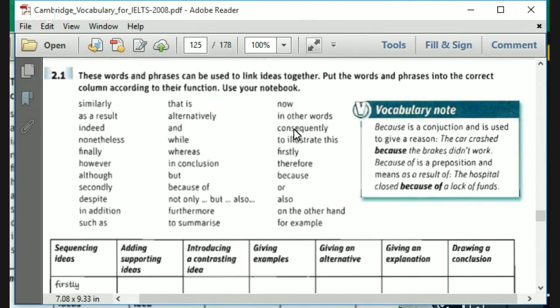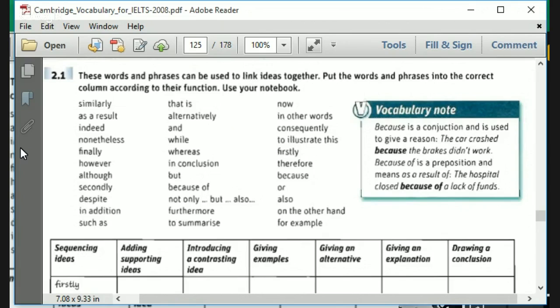You would see consequently. You would see many of these at the beginning of a sentence, or to organize our points. Firstly, secondly, finally. We use these to organize or to signal the idea. Here's my first point, here's my second point, here's my third point.